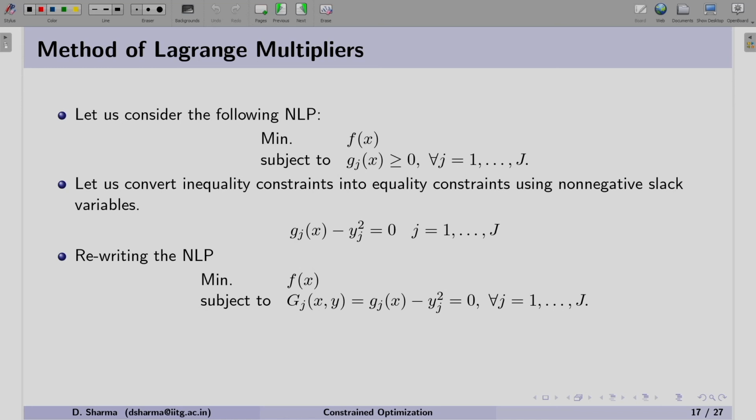So, let us rewrite this NLP now. In this NLP, we are going to minimize a function, say f(x), and now we are writing the constraint as capital Gj, which is a function of x and y.